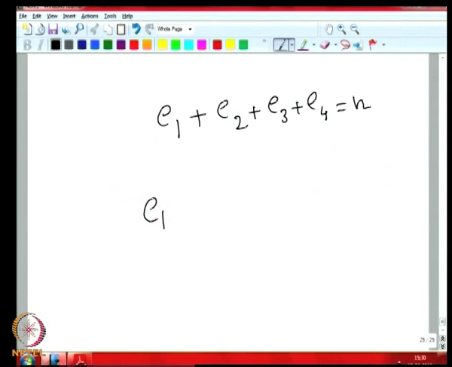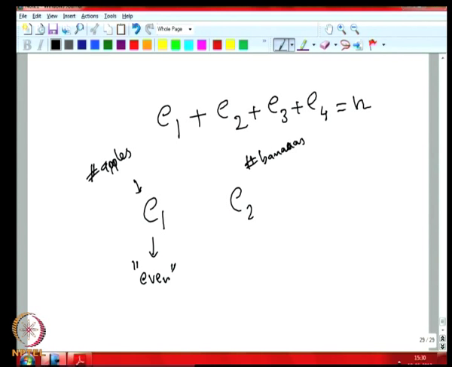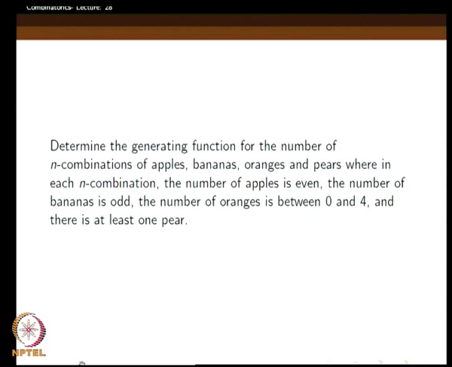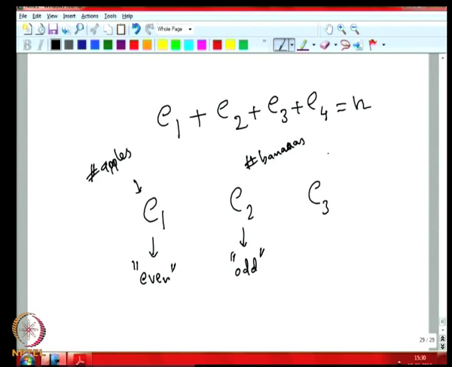So E2 corresponds to the number of bananas, and E2 has to be odd, right. These are the conditions, and then one more condition: the number of oranges is between 0 and 4, and there is at least one pear. That means E3, which corresponds to the oranges, is between 0 and 4, and E4 corresponds to the pears, right.